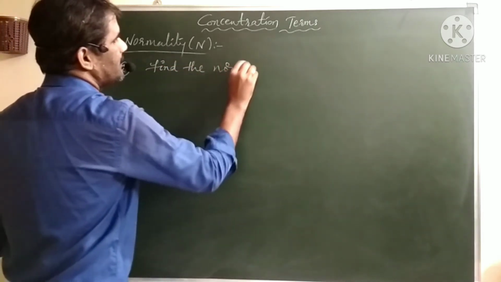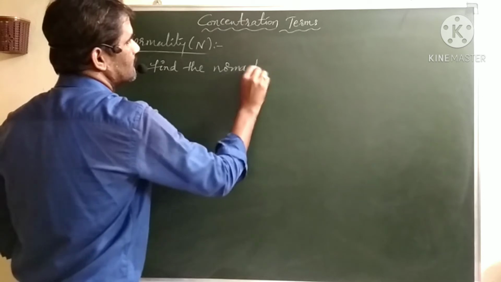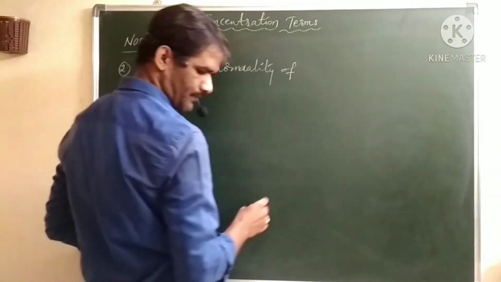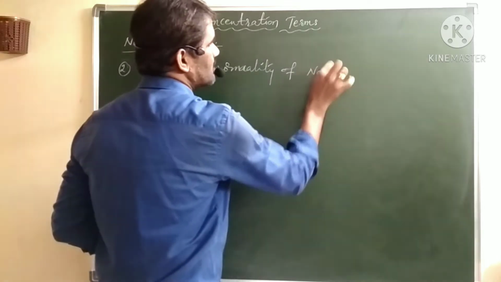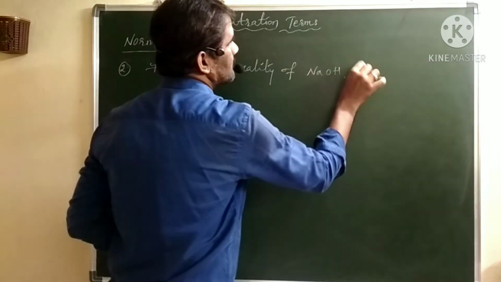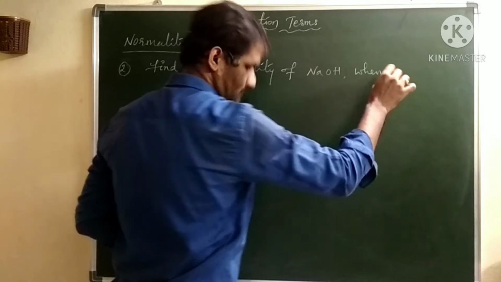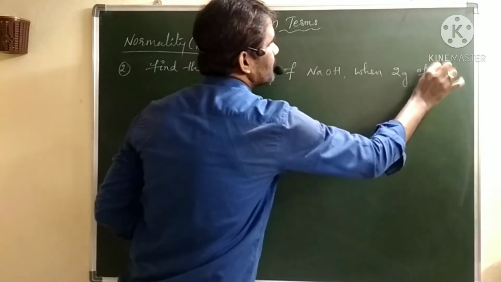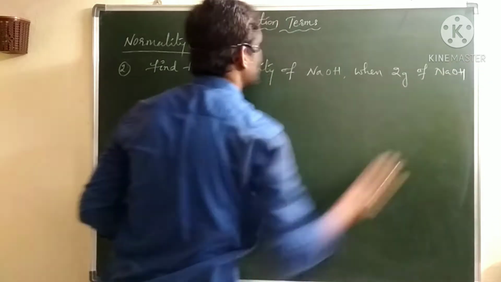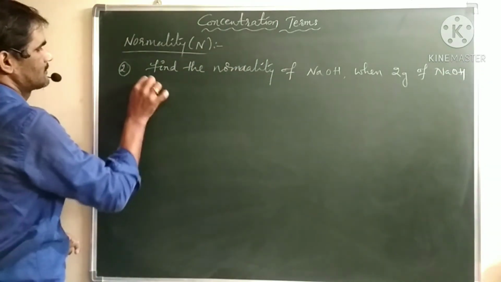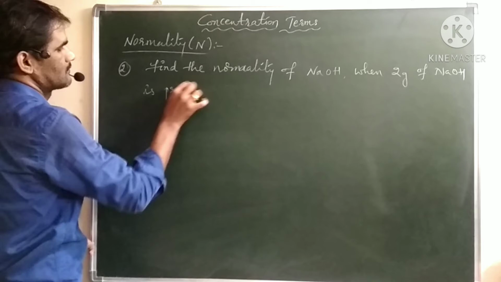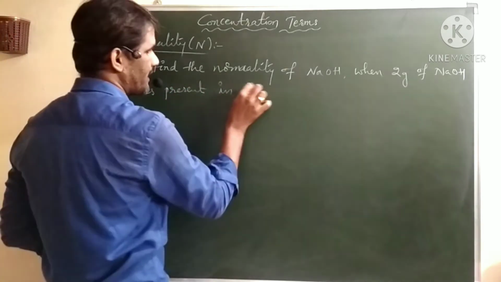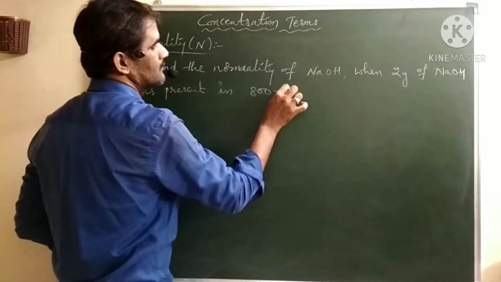Find the normality of sodium hydroxide when 2 grams of NaOH is present in 800 ml of solution.